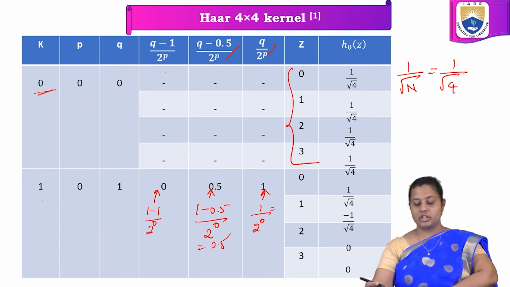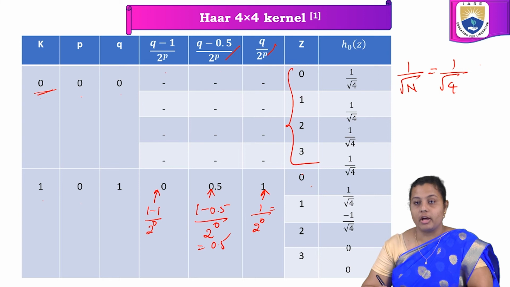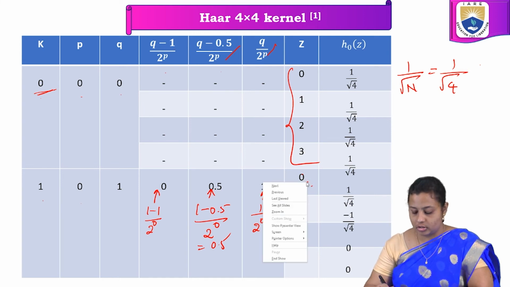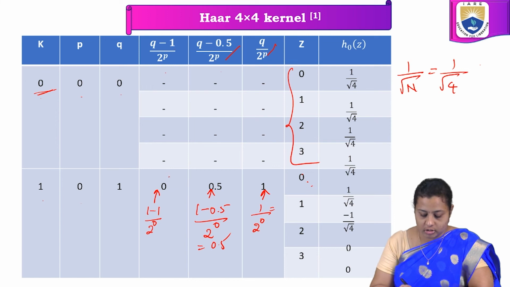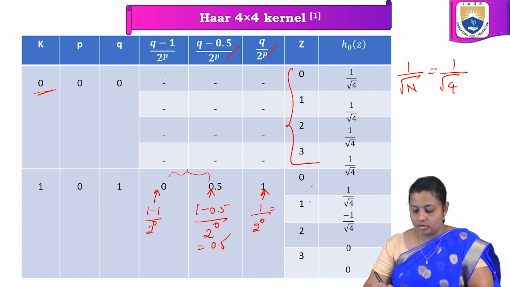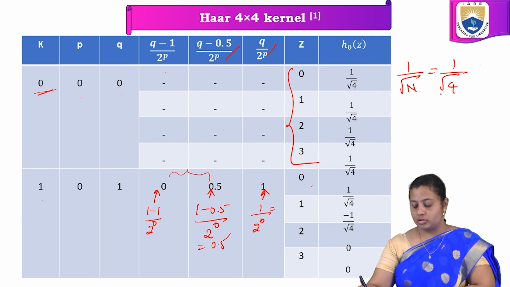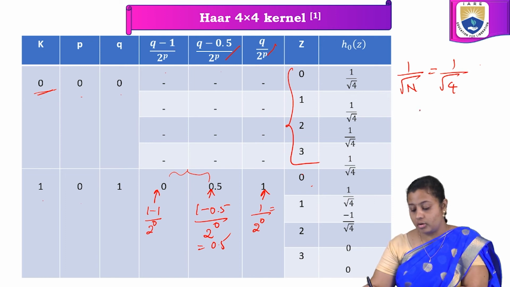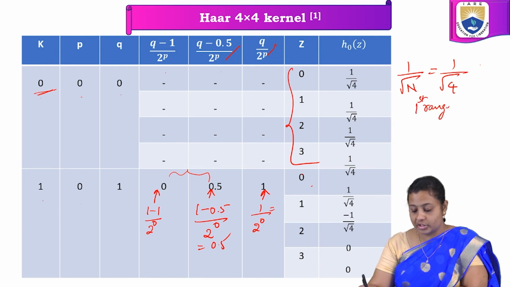Now, if we check the Z value, Z equal to 0, the first case, which range is it falling in? It is falling in the first range. So if it is falling in the first range, what is the coefficient value? We have seen it in the previous slide, and I'll write it here again. If it is falling in the first range, the coefficient value is given by 1 by square root of n into 2^(P/2).